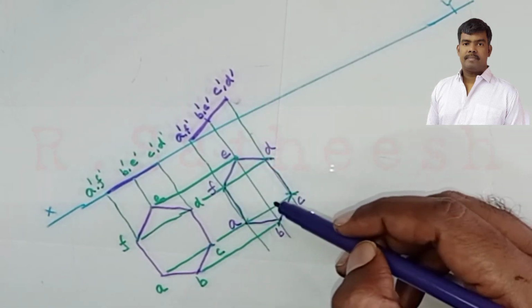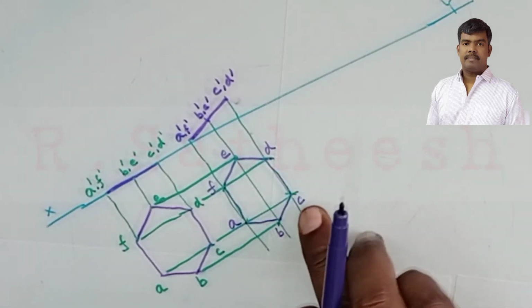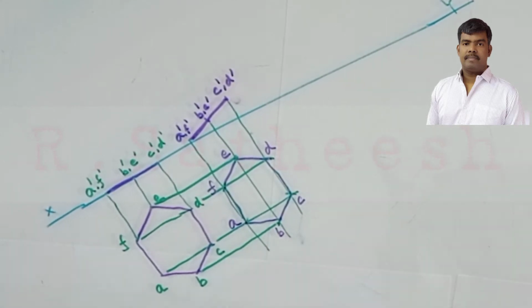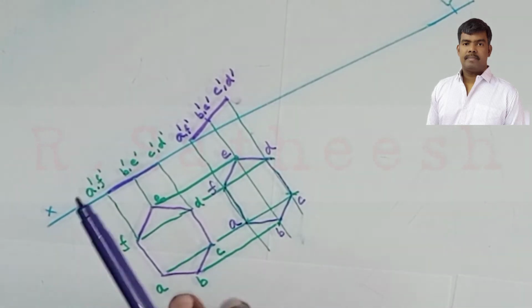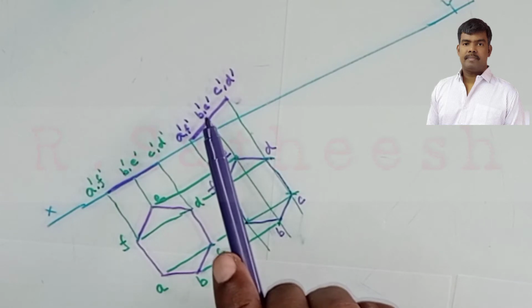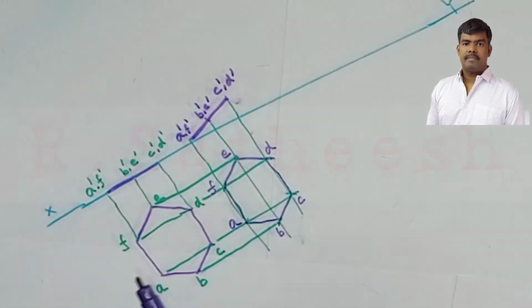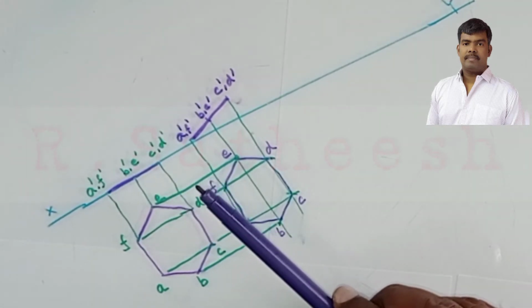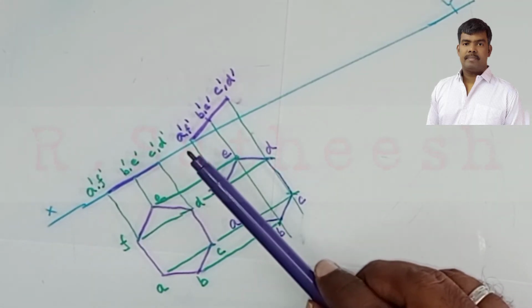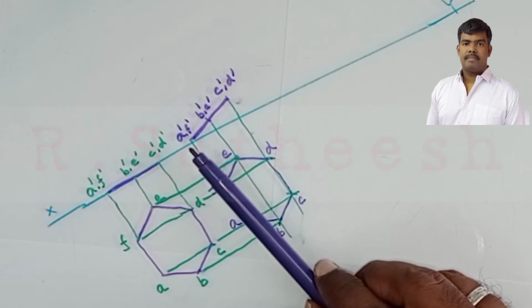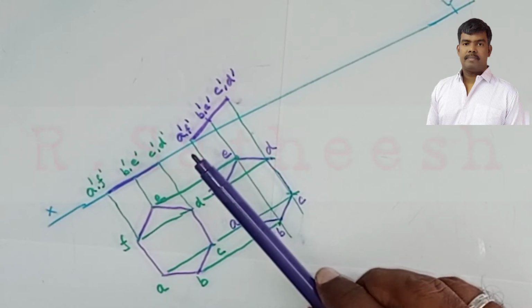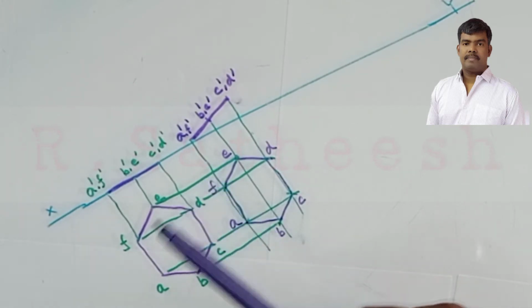After inclined to HP, the top view is not a regular polygon, but it has six sides. So first diagram, second diagram, third diagram and fourth diagram. Now, in this case, which side is resting on HP? The side AF, that is FA side, is resting on HP.